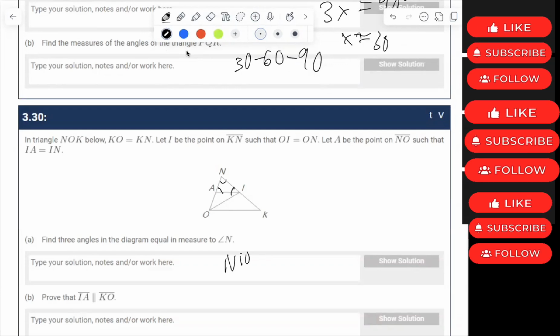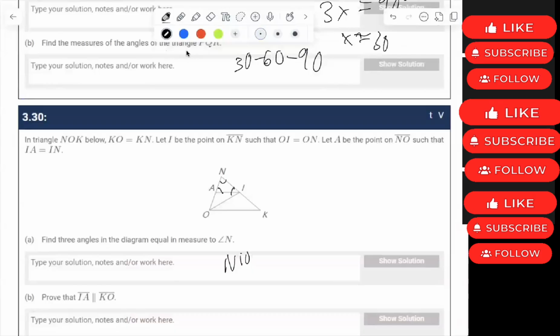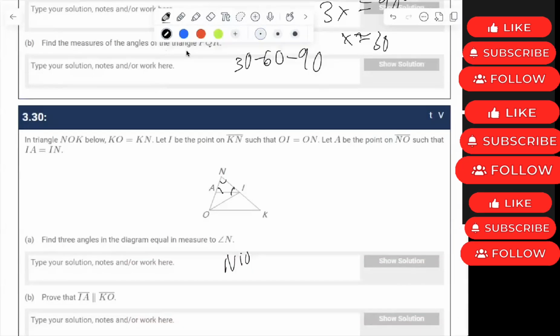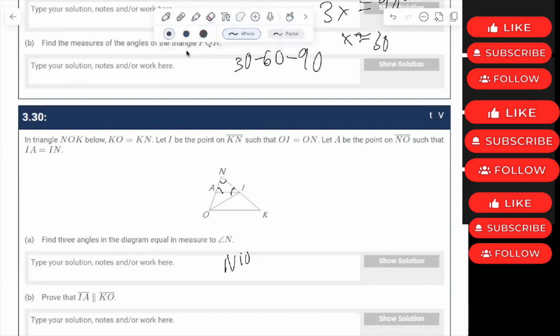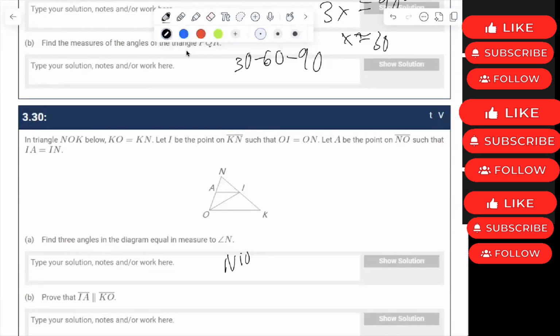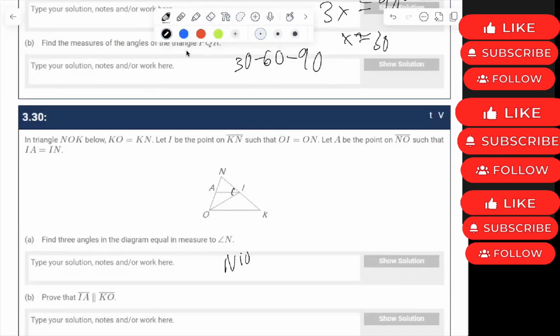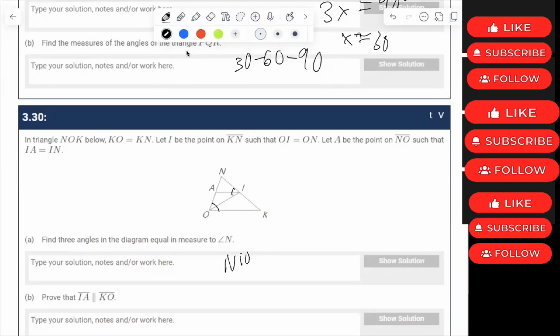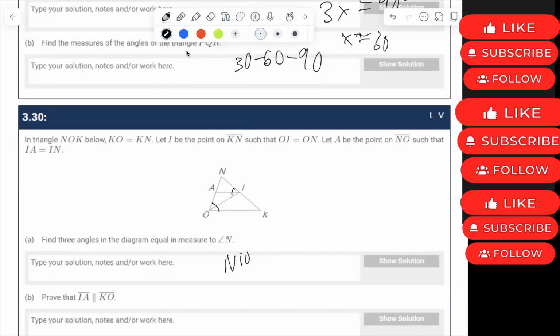So what can we use from here? We also know KO is equal to KN. Since KO is equal to KN, this just means that KNO is equal to KON, right? And we need one more angle to complete it.